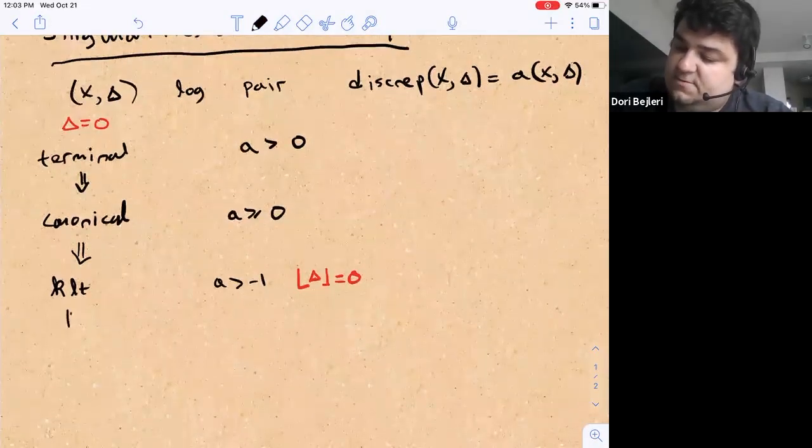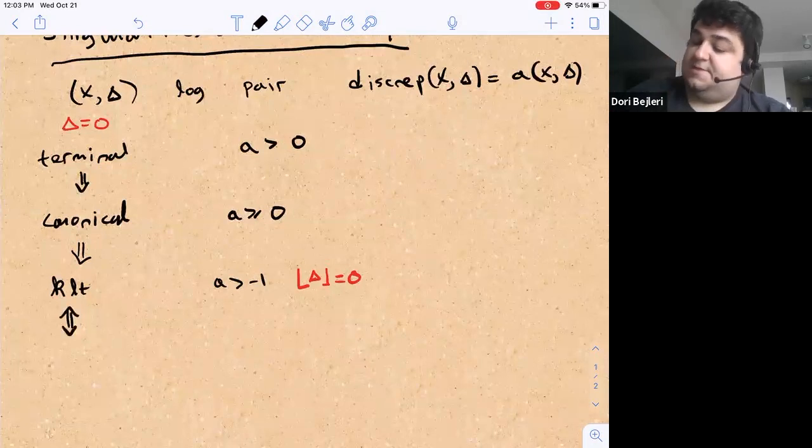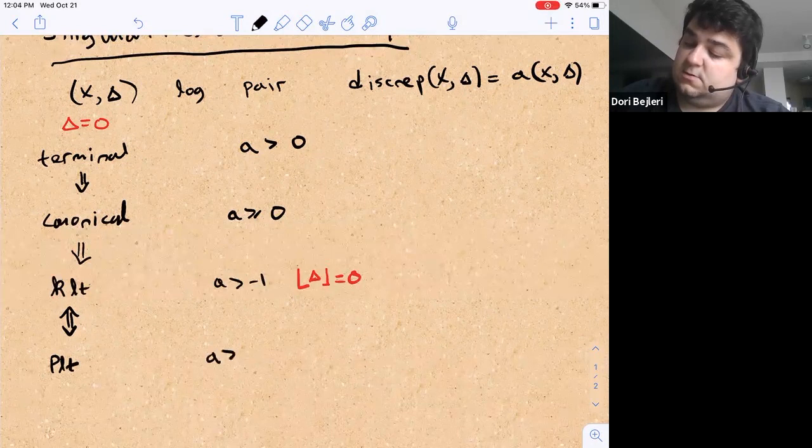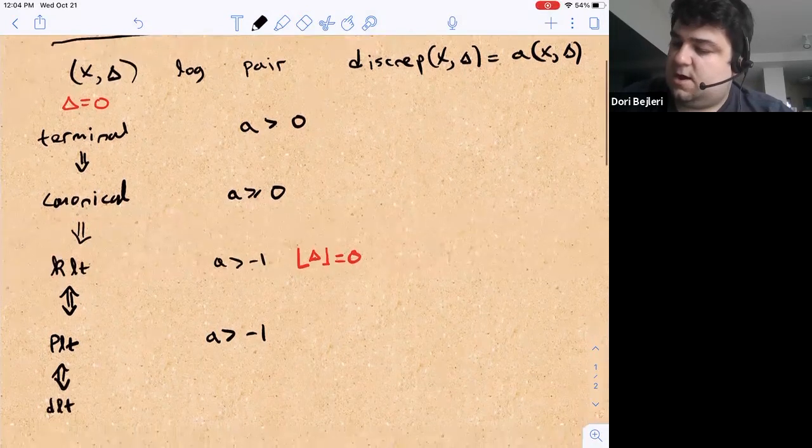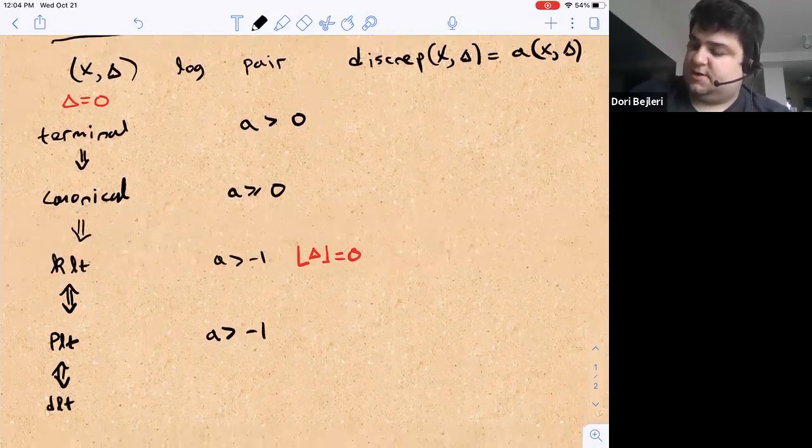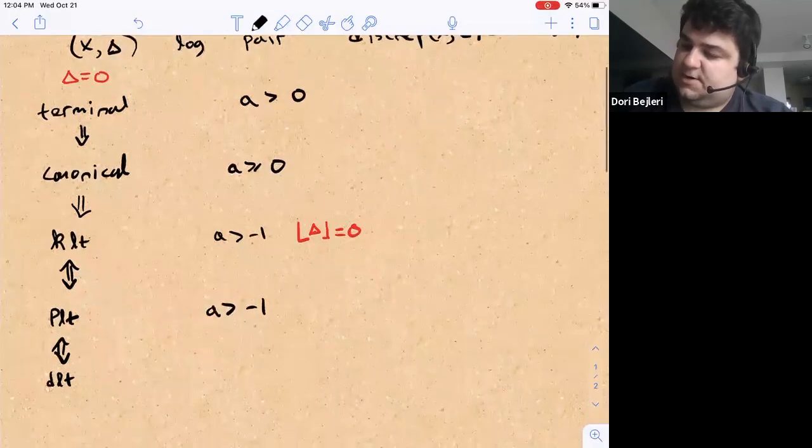And then on this side, KLT is the same as PLT because there is no boundary. So the condition is obviously satisfied, which is the same as DLT, which was this more complicated notion of log terminal, but again, with no boundary, it's equivalent. And then all of this implies log canonical.